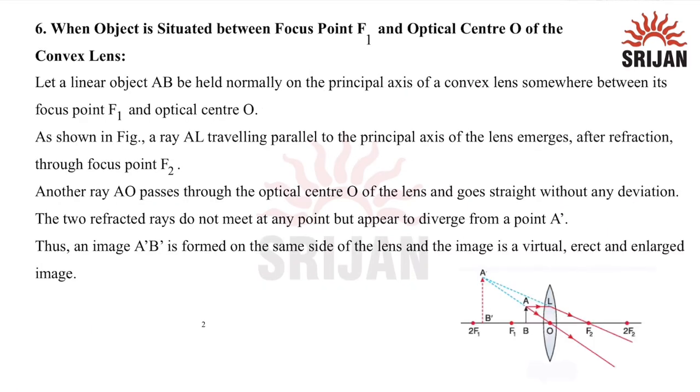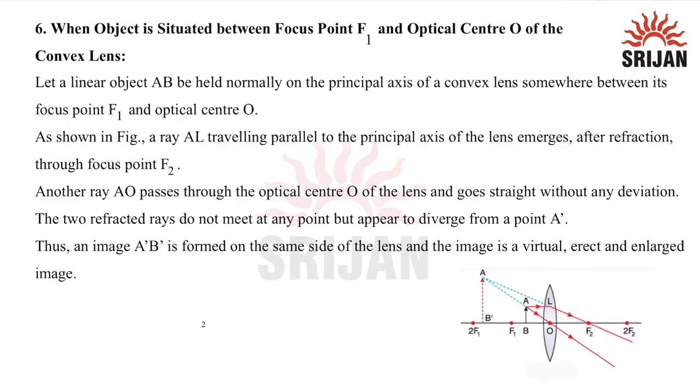Finally, the object may be situated between the focus point f1 and the optical center O of a convex lens. Let us suppose AB is that object. Of the light rays from AB, the first one, AL, traveling parallel to the principal axis of the lens, emerges after refraction through focus point f2.